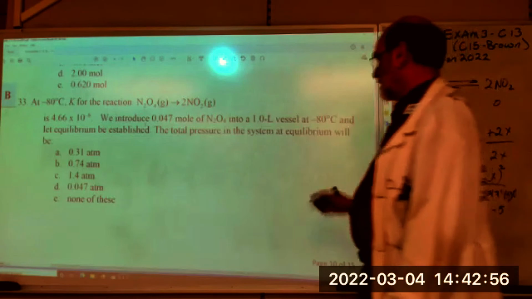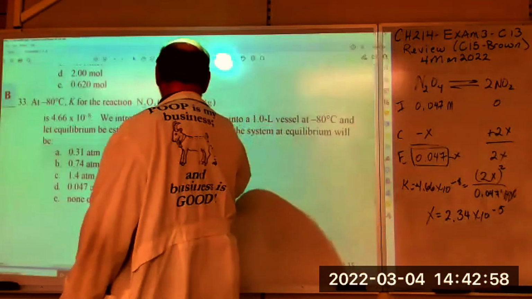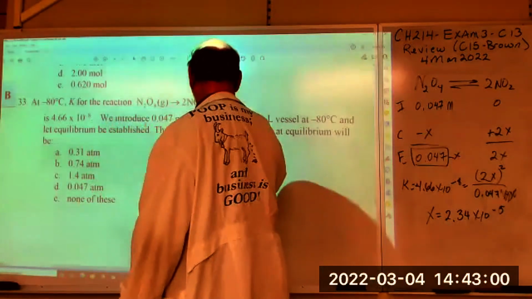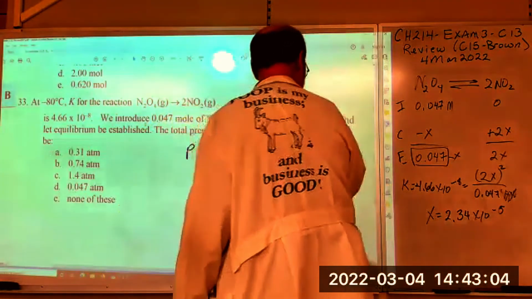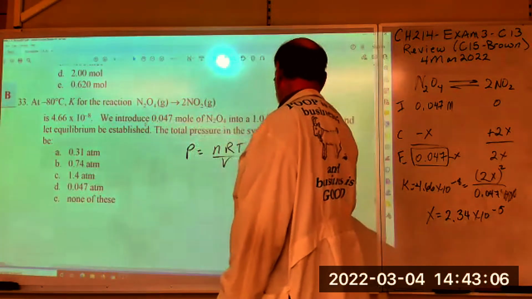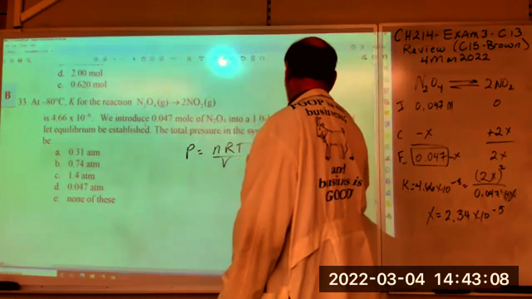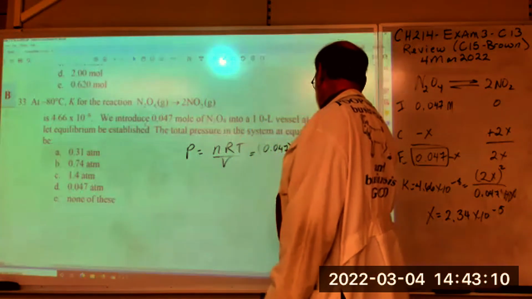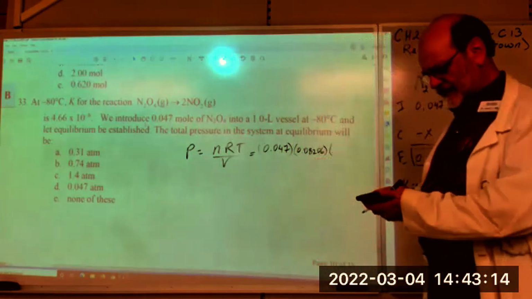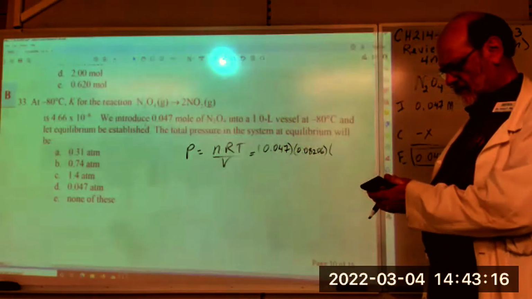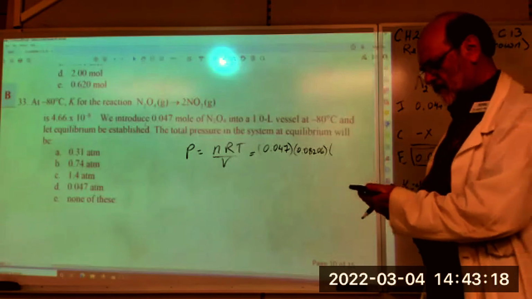Right? It's so small, we're actually dealing with that value right there as our moles. So if we solve the pressure, moles would be 0.047, 0.08206 for R. Temperature is, what's 273 minus 80? 193.